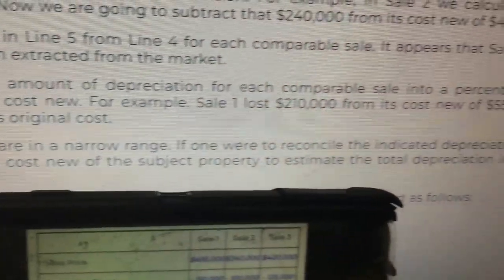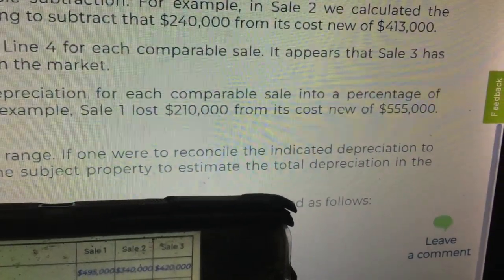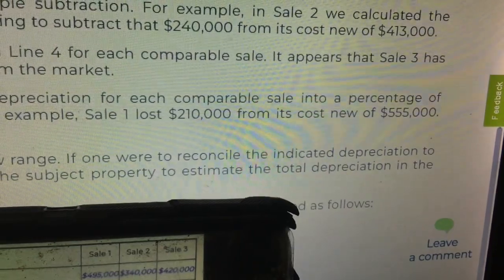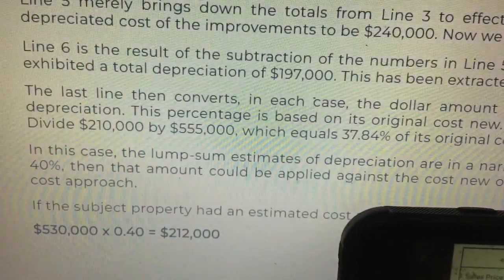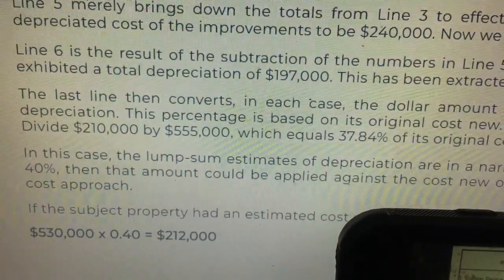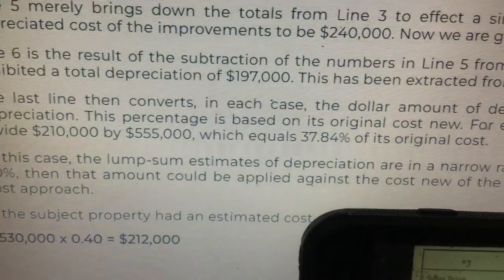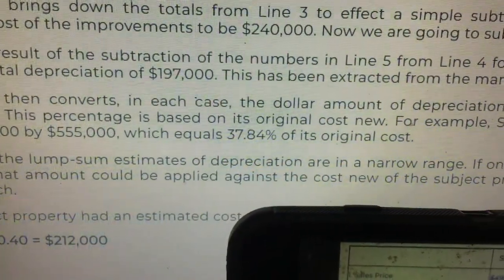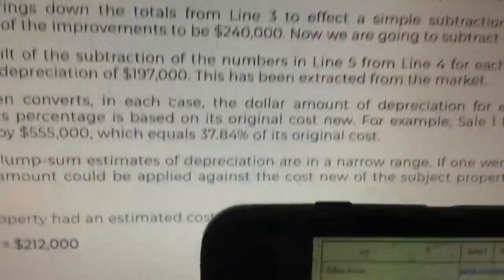For example, sale 1 lost $210,000 from its cost new of $555,000. Divide 210,000 by 555,000, which equals 37.84% of its original cost.